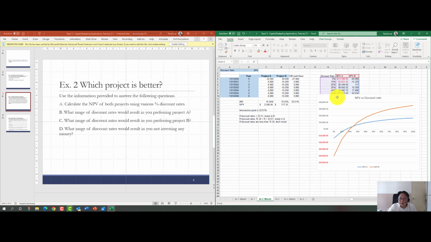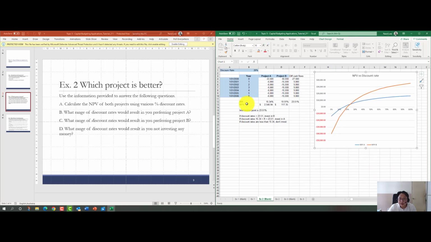Okay? So one more time, I'd like to reiterate. IRR for project A is the point at which the NPV crosses the x-axis. 19.91 is the point at which project B crosses the x-axis. The intersection between A and B is given by the differential cash flows. We use IRR on those differential cash flows, which is 23.51.